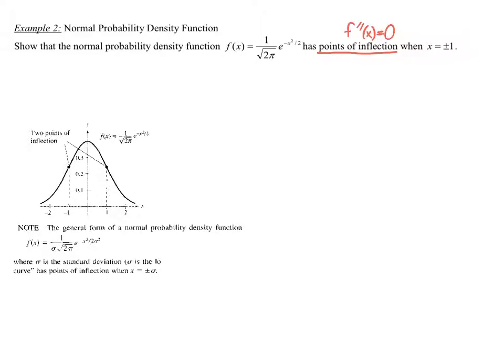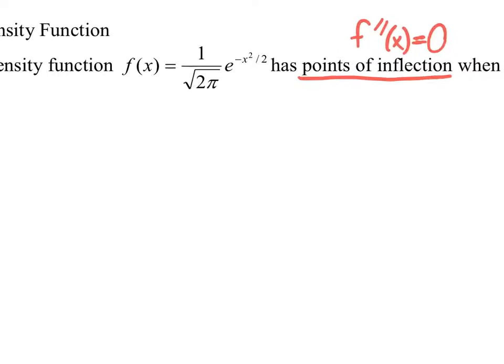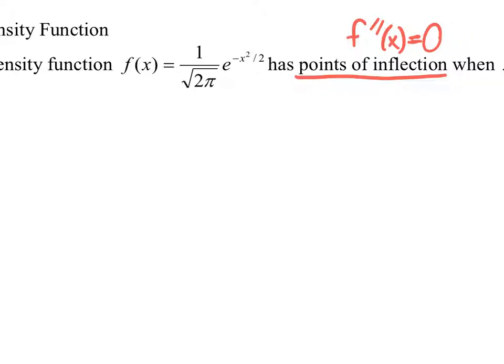So now we just need to actually find the second derivative here. Obviously we have to find the first derivative first. Well, we have a constant 1 over radical 2 pi times, what's the derivative of e to the negative x squared over 2?